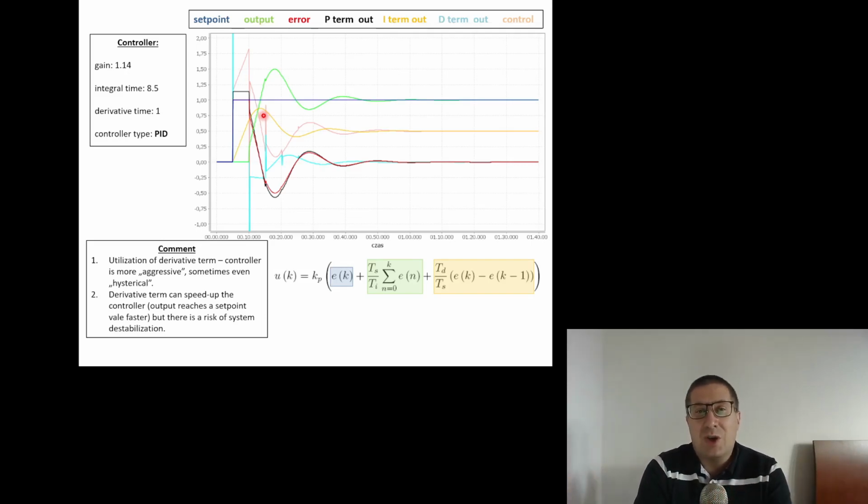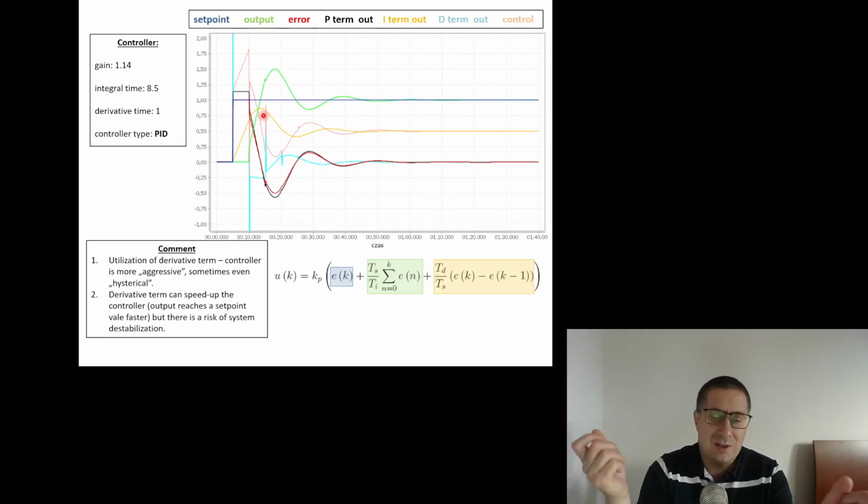So if, because of the noise, the process output rises, then the error will drop, right? So the D term will say, okay, it's dropping, so it would be 0 or even negative in the nearest future. So I should immediately stop sending the energy to the plant. So it will close the valve, right?